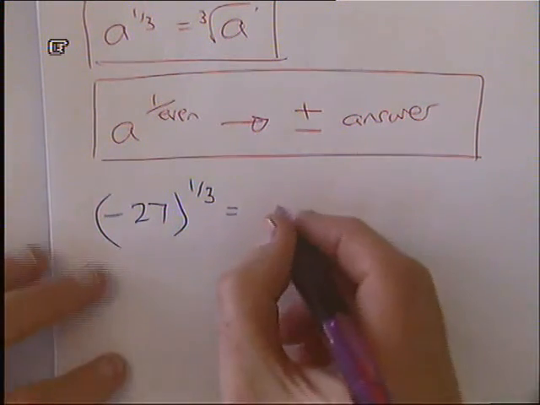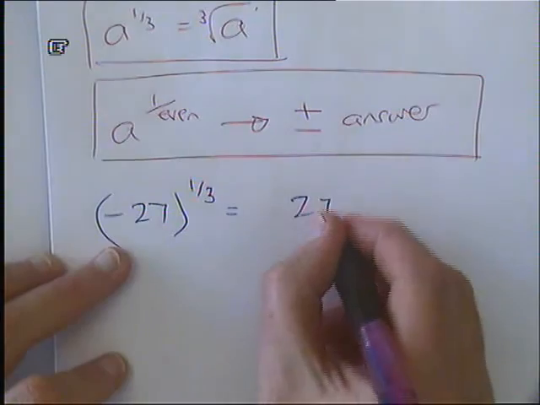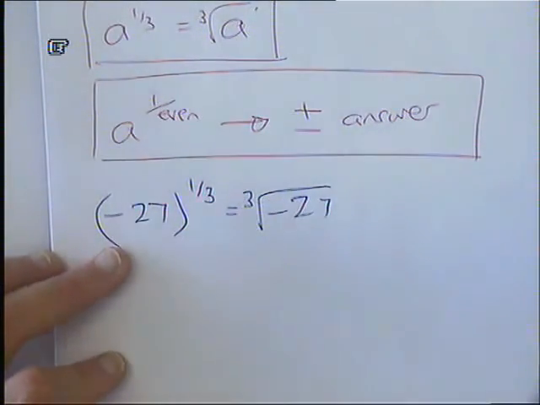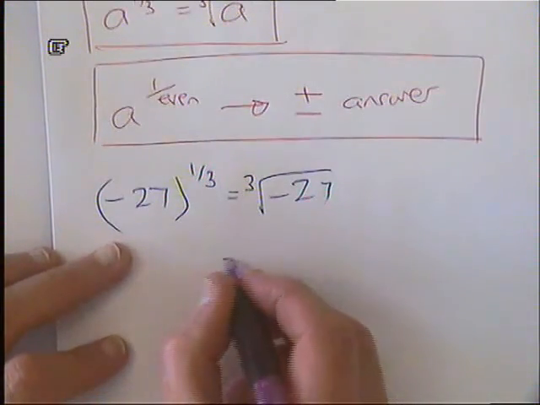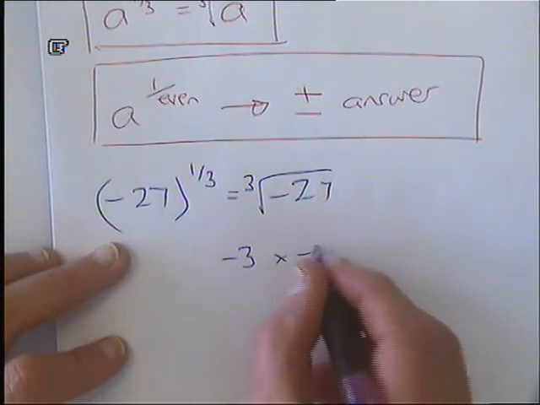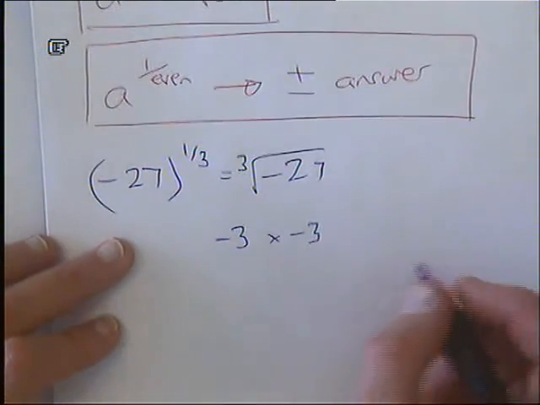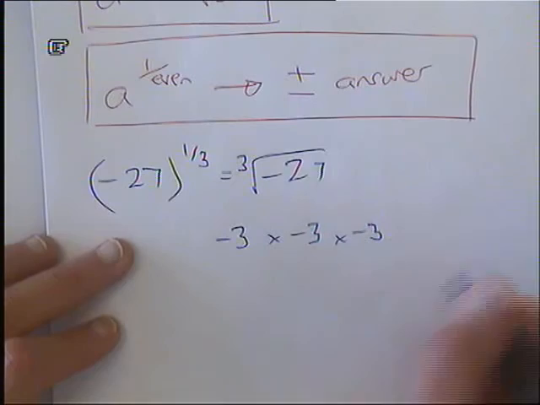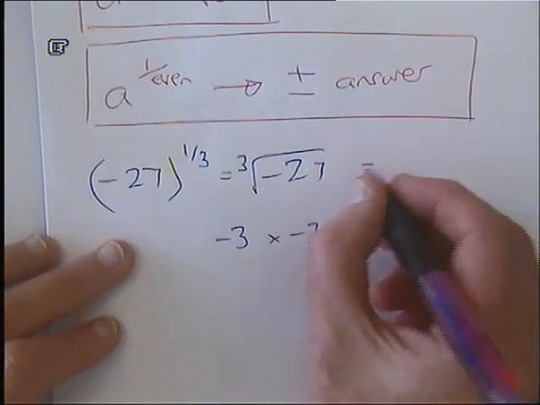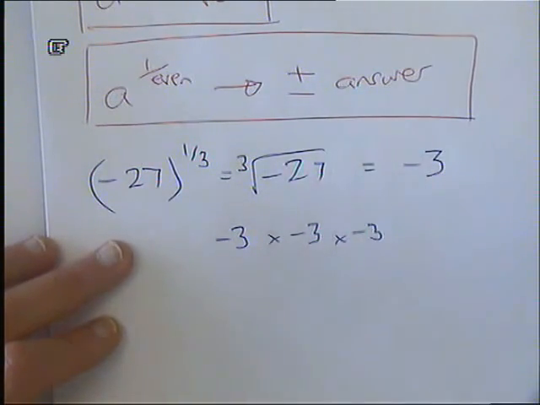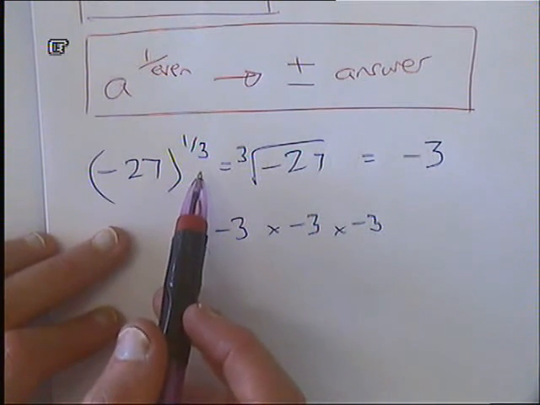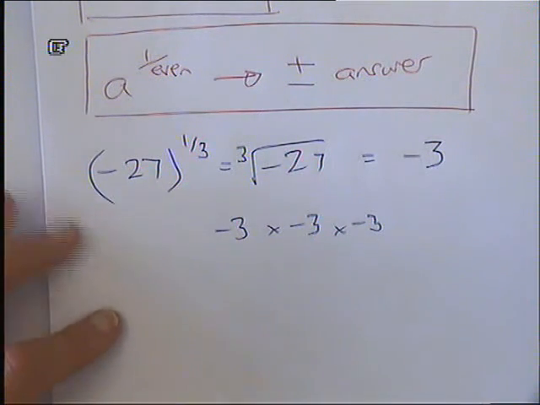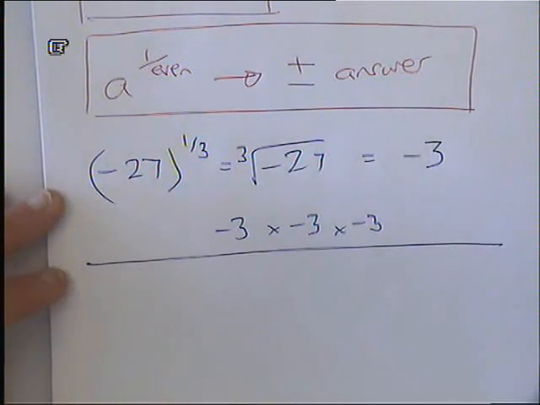Minus 3. Because that means you are looking for the cube root of 27. The answer is minus 3 because minus 3 times minus 3 is plus 9. Times by minus 3, you get minus 27. So the answer there is just minus 3. It's an odd power, so there's no plus or minus stuff. That is the answer for that one.